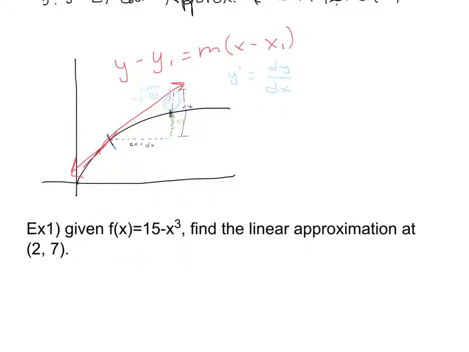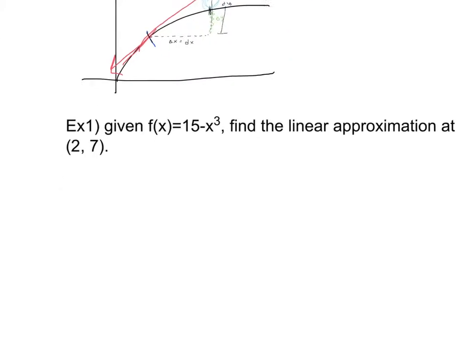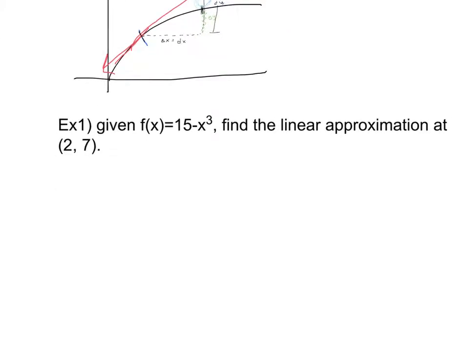So pretty quickly you should realize that 2 is going to be x1 and 7 is going to be y1. Now we're left to find our slope, which you should remember is the derivative of this function. So I'm going to start off by finding f prime of x. f prime of x would equal negative 3x squared.